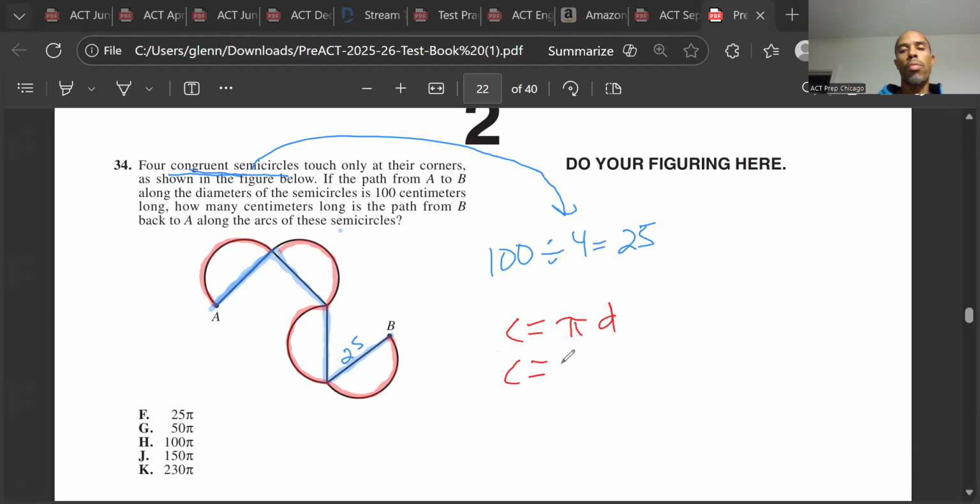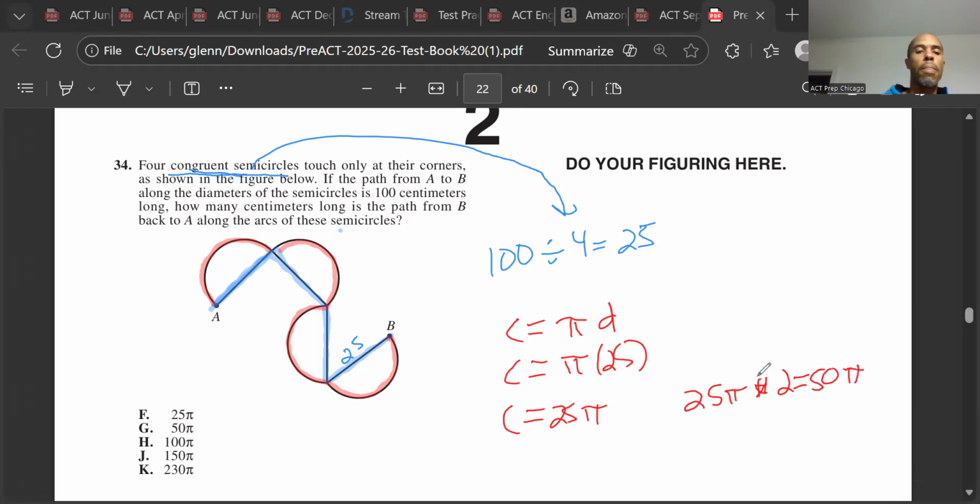So C equals pi times 25, which is 25 pi. But remember, 25 pi was from here, not just the semi, but the whole thing. So how many wholes we got? We got 2 wholes. So we do 25 pi times 2. That's going to be 50 pi.